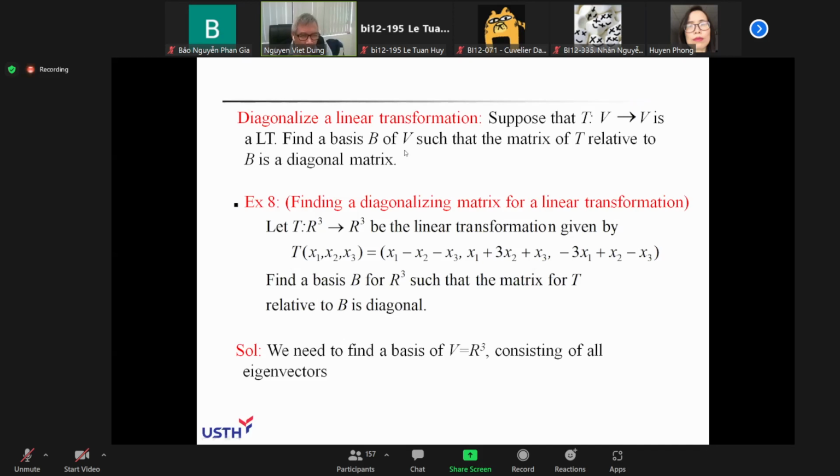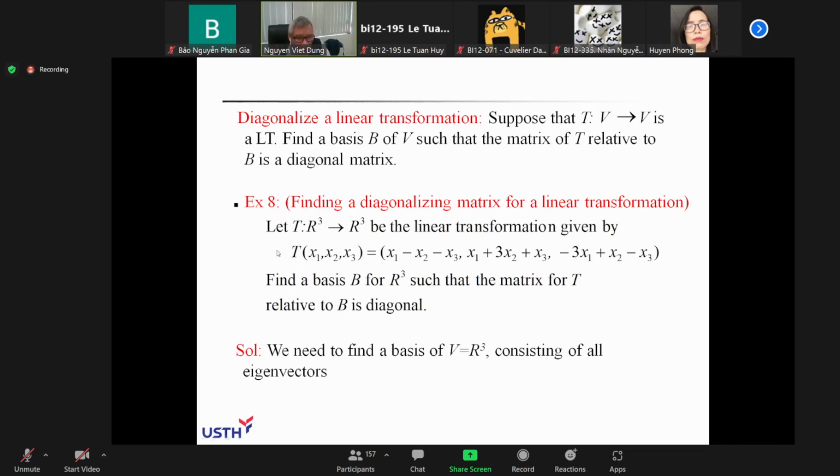Now we need to find a basis B of V so that the matrix of T relative to the basis B is a diagonal matrix. And how can you do it? You can see it in an example.